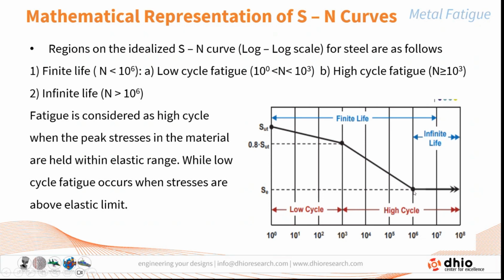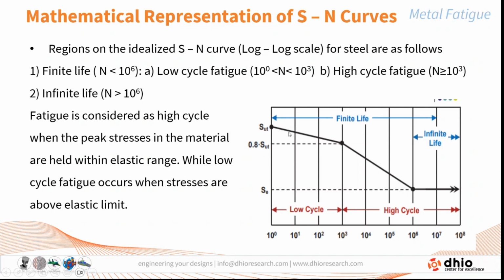Now, the value at which you have the asymptotic line, that is, the curve which is parallel to the horizontal axis, is the location at which the stress is considered to be the endurance limit or the endurance strength of the material. Now here we have two slopes.